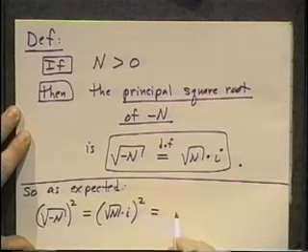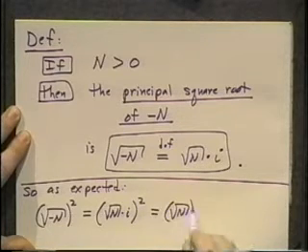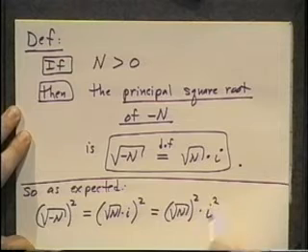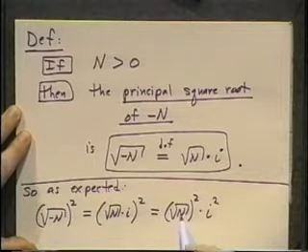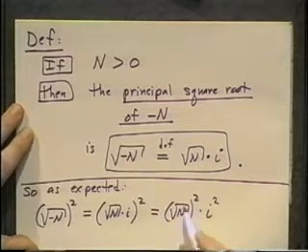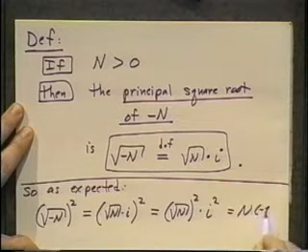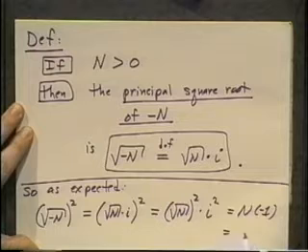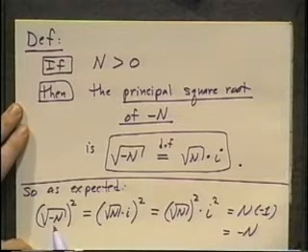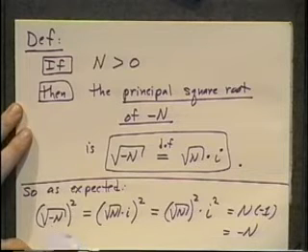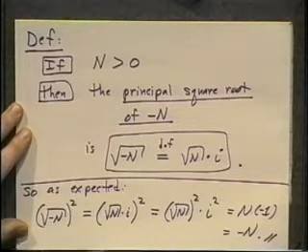We square that, we get the square root of n squared times i squared. Now the square root of n is positive, so the square root of n squared is just n. So this equals n times minus 1, and of course that's minus n, which is what we would hope would happen when we take the square root of something. We hope that when we square it, we get what's underneath, and in fact we do.